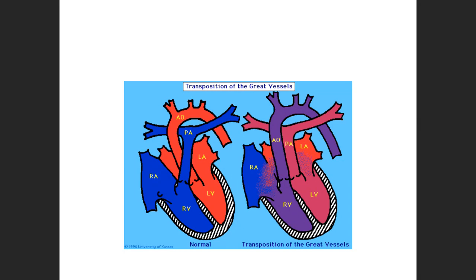In this situation with transposition of the great arteries, systemic venous blood comes back into the right atrium and into the right ventricle, and then goes into the aorta from the right ventricle. And into the ascending aorta, arch of the aorta, and the descending aorta.